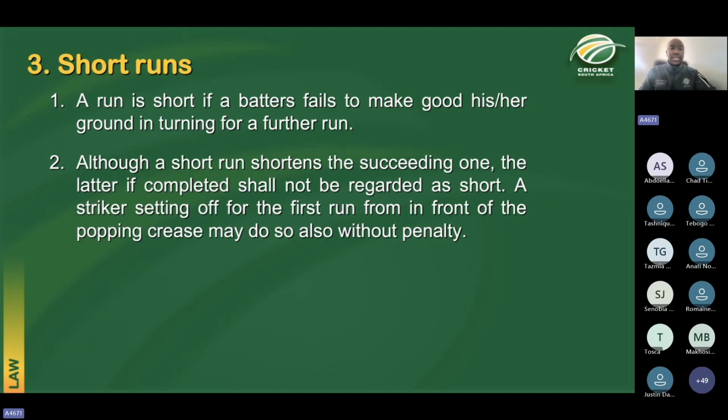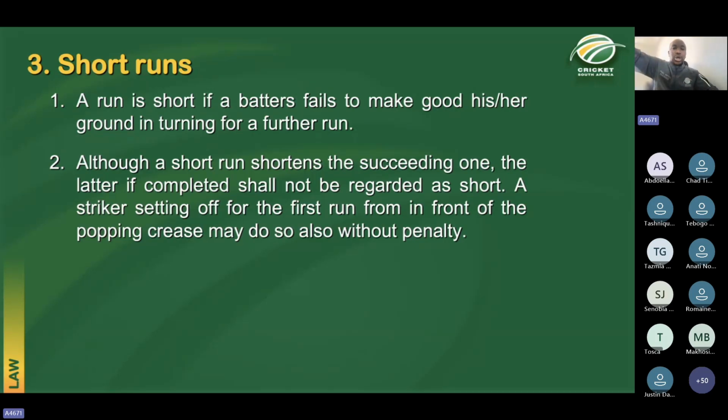Also, a striker setting off for the first run from in front of his or her popping crease may do so without penalty. What does that mean? I'll give you an example using a South African batter, David Miller. He often, for fast bowlers, stands 1 or 2 feet outside of his popping crease.